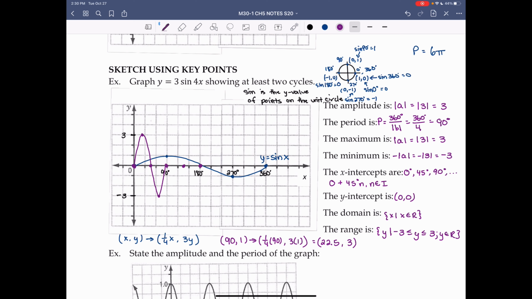And then we can just repeat the pattern. So halfway between the next two x-intercepts, we go up to y equals 3 and we put a dot there. And then halfway between the next two x-intercepts, approximately here, we go down to -3 and put a dot there. And then we join our points together.